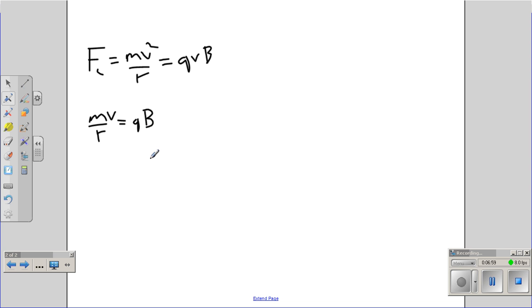You might be wondering now, how do we get to frequency? Or how do we get to period? Because you know that frequency and period are related. Frequency is the inverse of period, and vice versa. So recall that period is the time it takes you to, let's say, go around one loop.